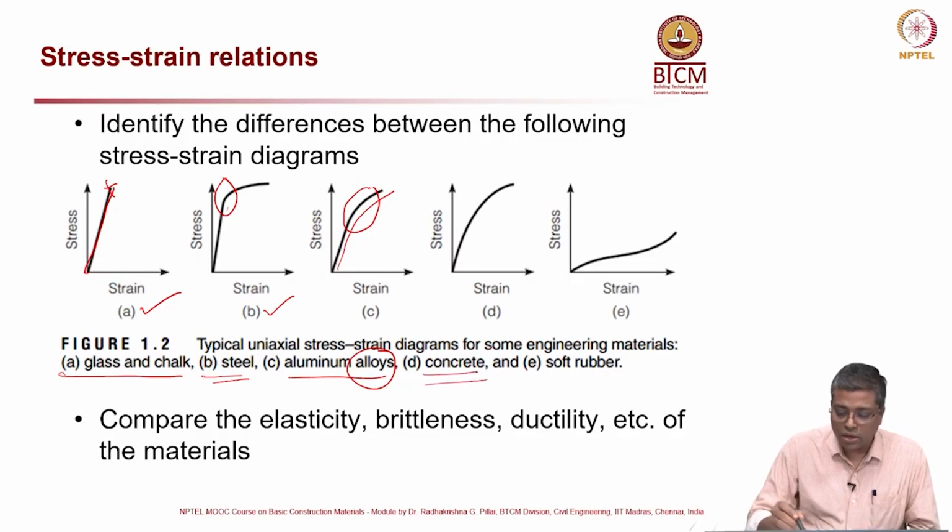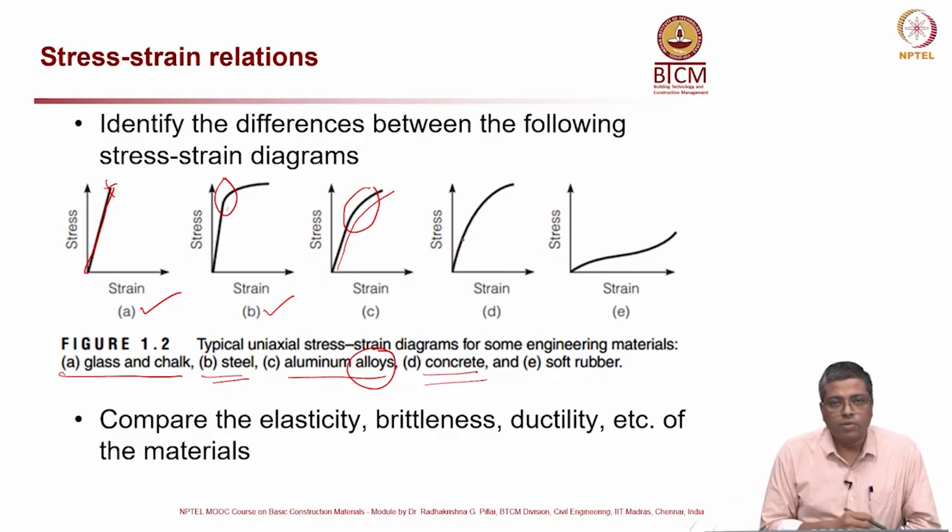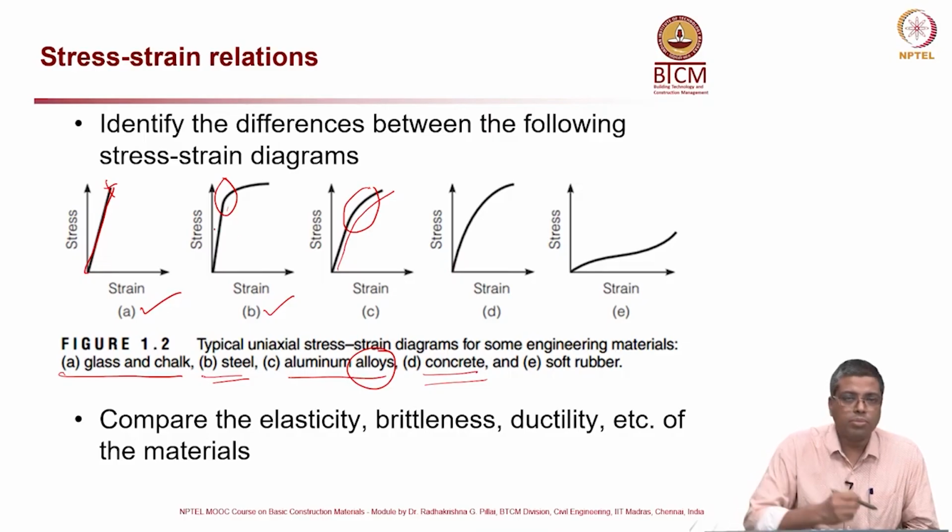Now, in case of concrete, also a similar case, you have a variety of different materials in the concrete. So, there is no well defined yield point in case of concrete also, and also this linear region is not that long as compared to that in the steel. But again, this graph is for compression for concrete, that is also important. Then you have rubber.